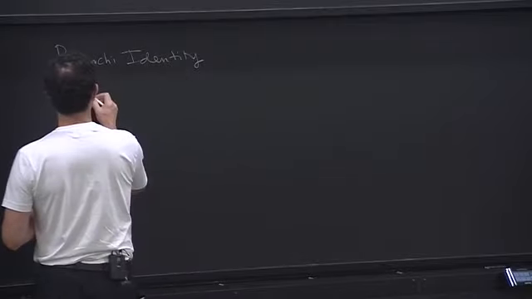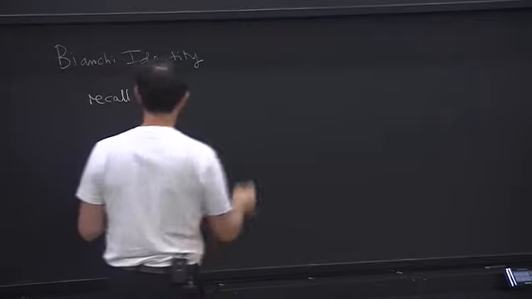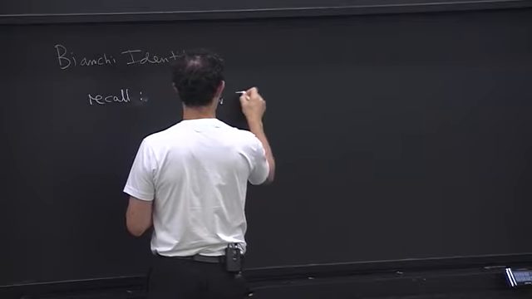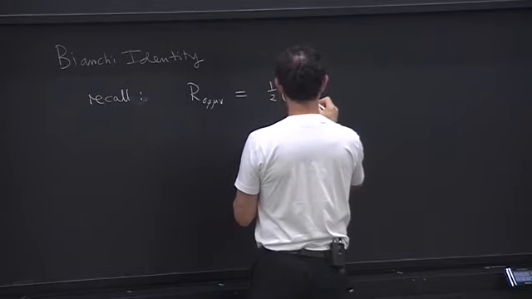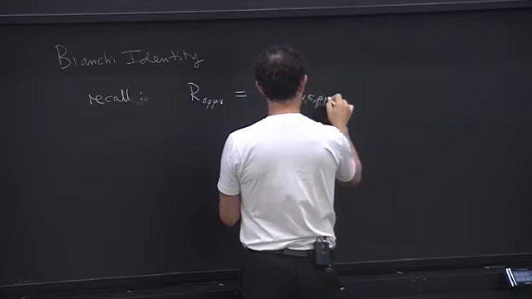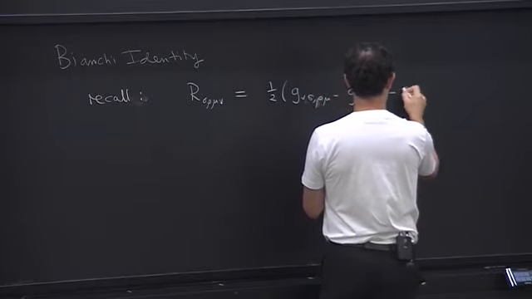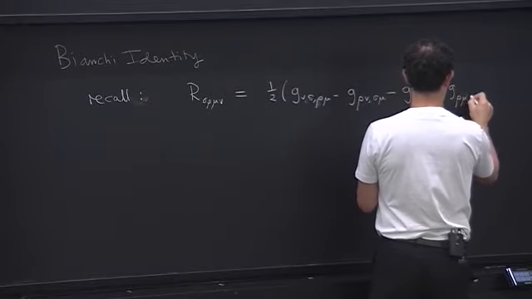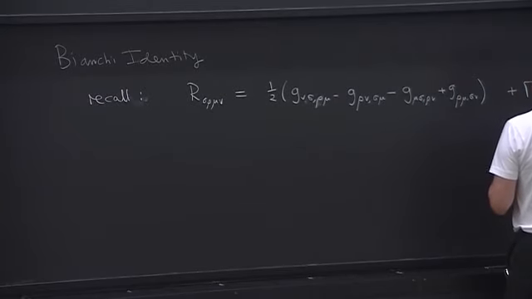And so it begins by recalling that if we wrote the Riemann tensor with lowered indices, this was a half G nu sigma rho mu minus G rho nu sigma mu minus G mu sigma rho nu plus G rho mu sigma mu plus gamma terms.